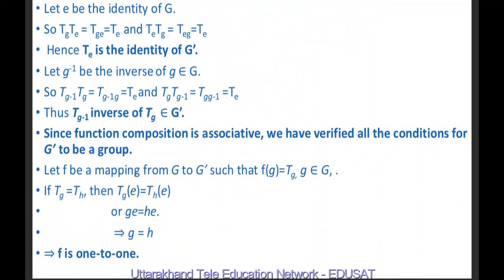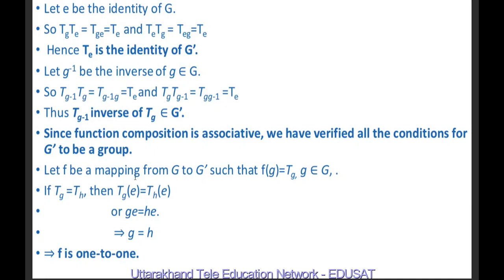Let f be a mapping from G to G' such that f(g) equal to Tg for g belonging to G. Now we will show that this mapping is an isomorphism. To prove that G and G' are isomorphic, first we define a function, then we prove that the function is 1-1, then we show that the function is onto, and in the last step we show that the function preserves the group operation.